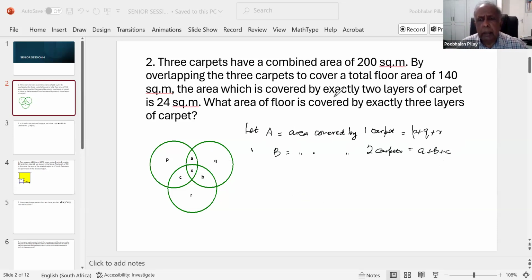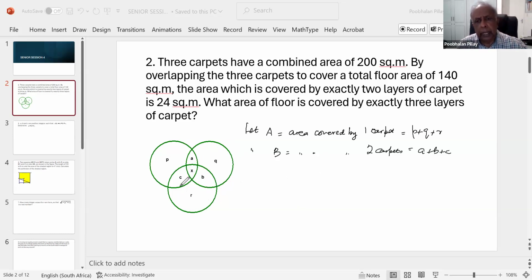All right, now let's see. With this information, can we get some equations? The 3 carpets have a combined area of 200 square meters. All right, so the area covered by 3 carpets is, you're going to add up all these and X, that's the first carpet, all these and all these.